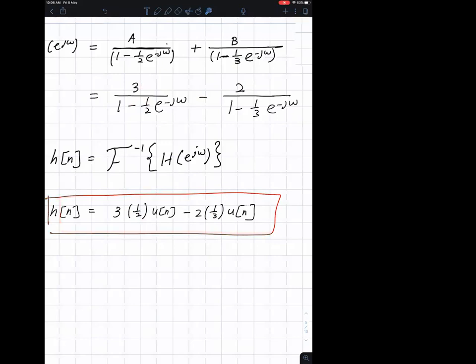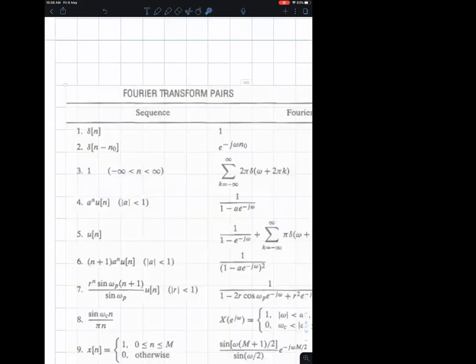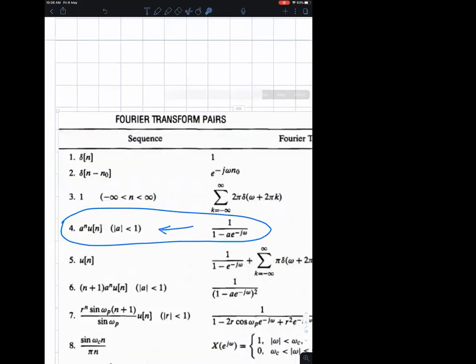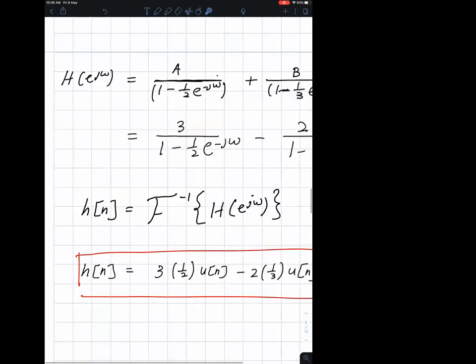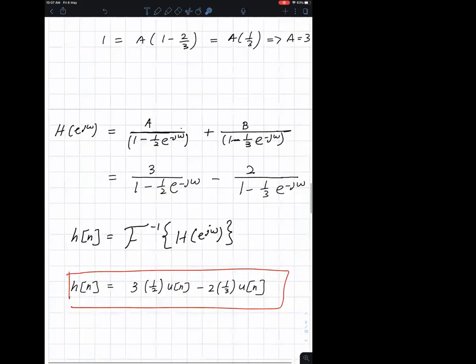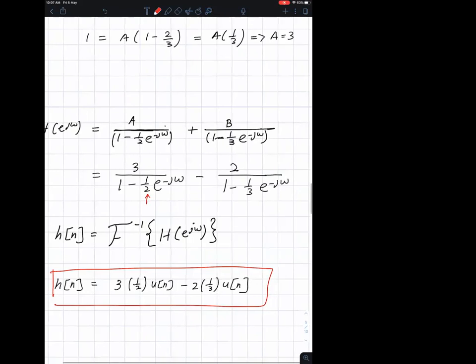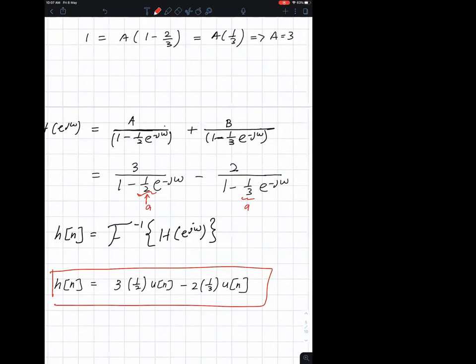Applying this formula, the magnitude of A has to be less than 1. So if you check whether your magnitude is less than 1, this is your A. The magnitude of A, the whole thing, this is the magnitude of A. This is the 2.